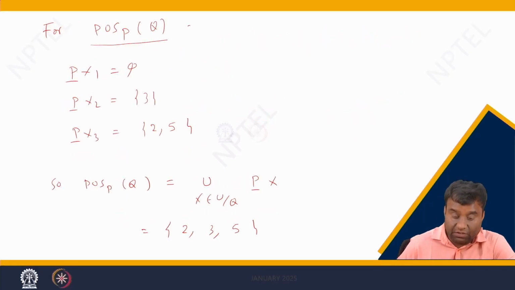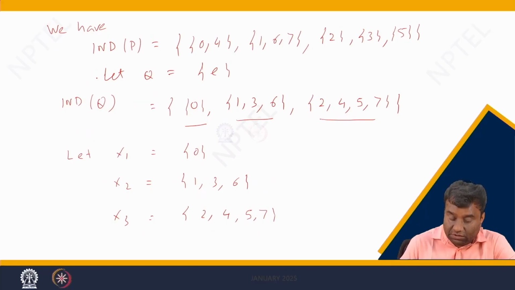So check it. For the positive region, x1 is the set which is 0. So here you can write the lower approximation P x1. Nothing is a subset of the target set 0, so here it is the null set.